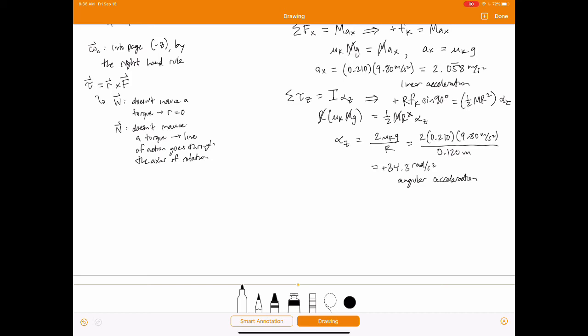Okay, so what can we do with this? Well, we have kinematic equations for the translation of the wheel and for the rotation. So let's write down what some of those kinematic equations are.